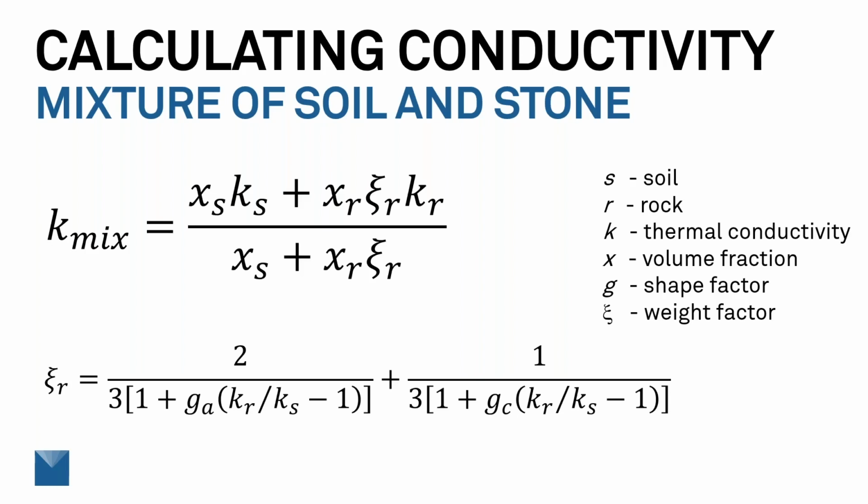So instead of just soil and rock, you'd have soil and some different kinds of rock. But the approach would still be the same: you would need to get the volume fractions of each of the constituents and the thermal conductivities of each of the constituents, and then put them together in a weighted average the way we've shown here.